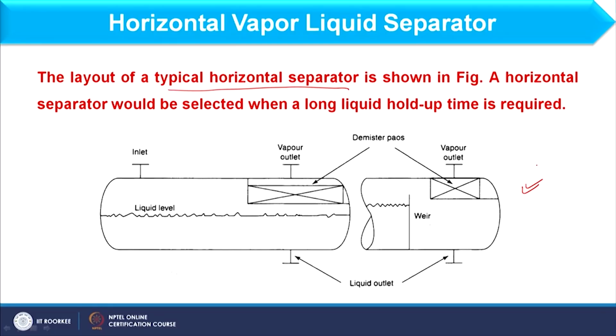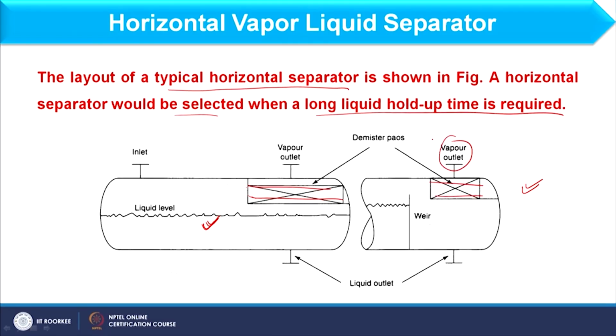A horizontal separator would be selected when a long liquid hold up time is required. In this case you can consider a larger volume, and liquid hold up is required for much time. It means it has more residence time, and demister pads are placed at the top of it, as we have discussed in the vertical vapor liquid separator.